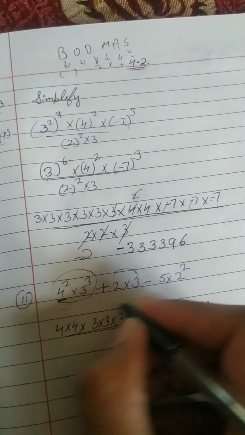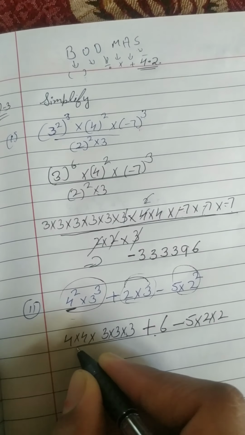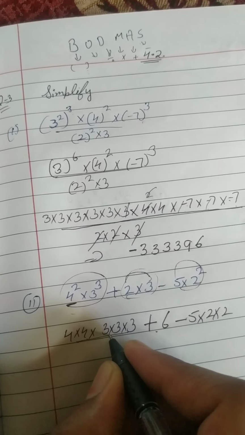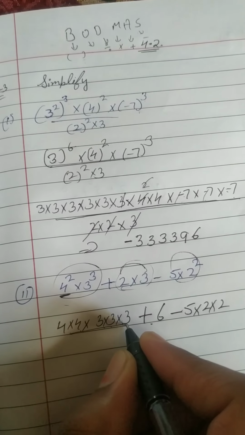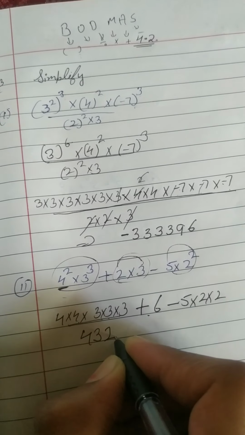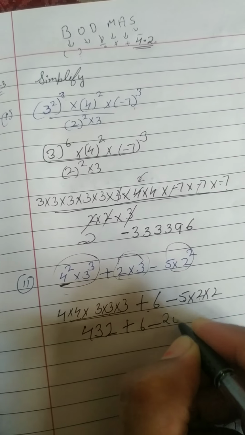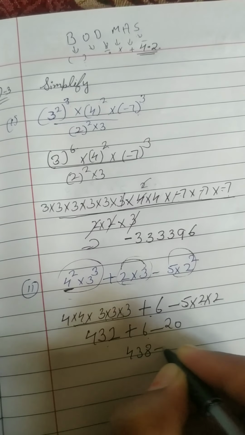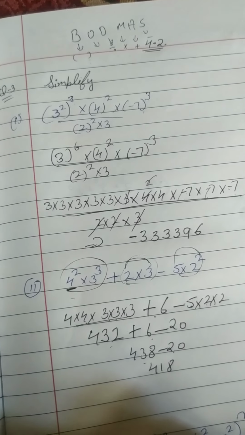So this multiply and this multiply. 4 4s are 16, then 16 into 3, 3 3s are 9, 9 3s are 27, 27 into 16 will become 432, plus 6 minus 5 into 2 into 2 is 20. Now 432 plus 6 is 438, minus 20, that will become 418.